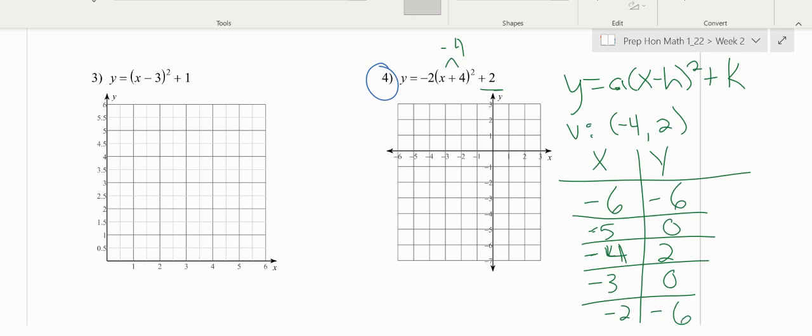And then we're going to go ahead and just graph it out. So I'm going to graph the vertex first, but you could go top to bottom if you like. And so we have -4, 2. We have -3, 0. We have -5, 0.